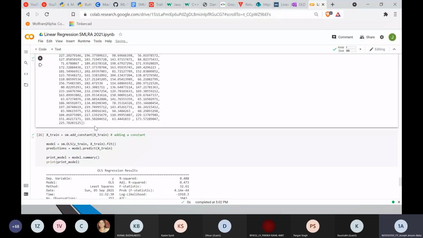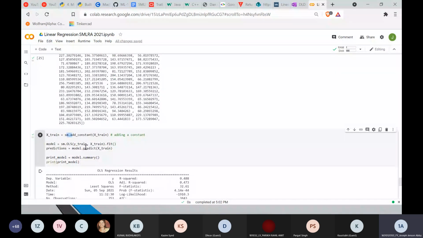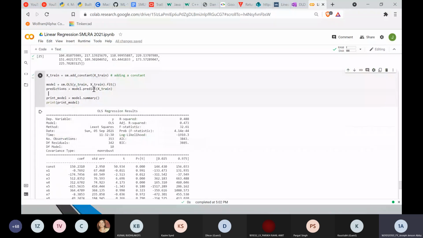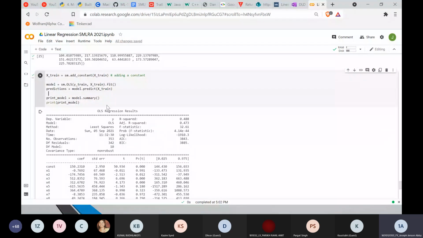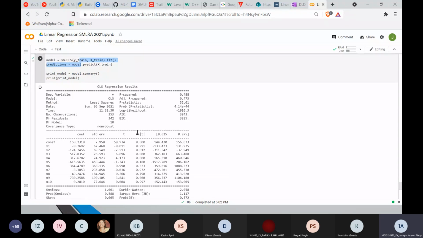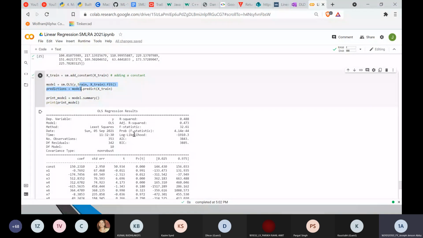We have also used one more library, statsmodels, to find the summary of the model. Don't worry about the details. We are basically printing the summary of the model.